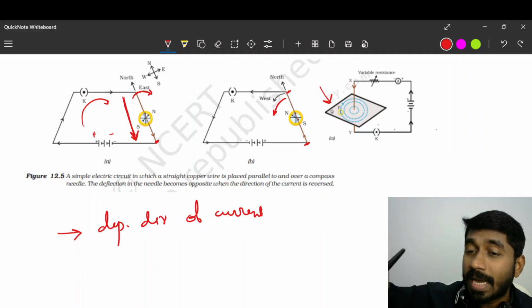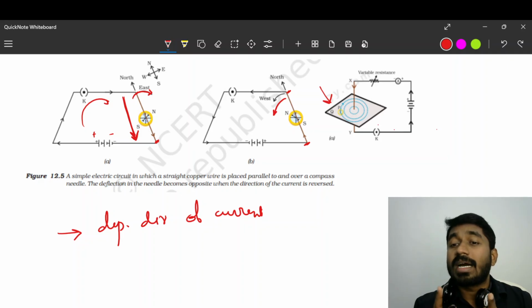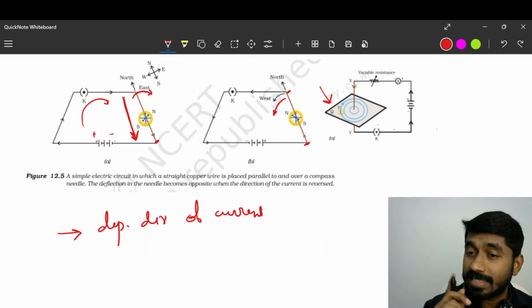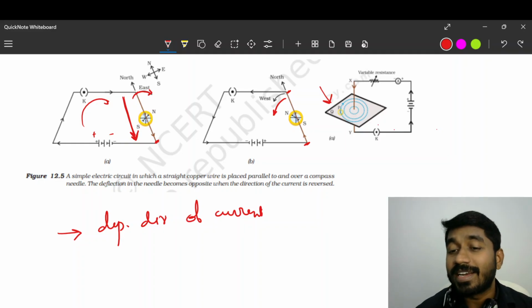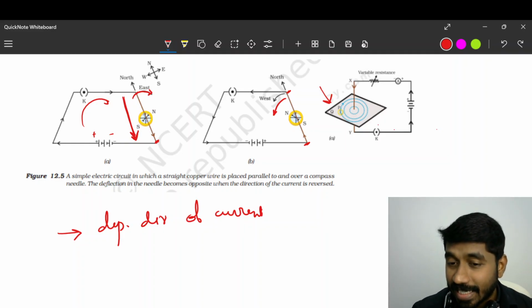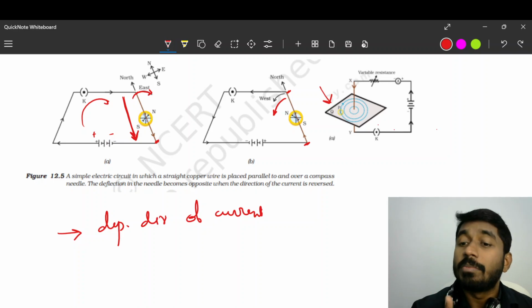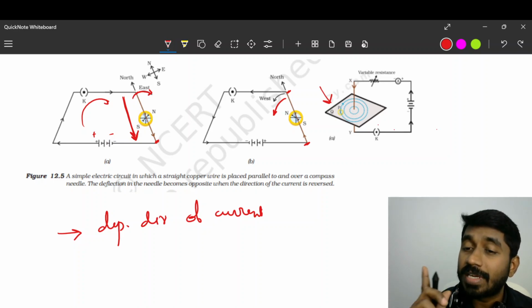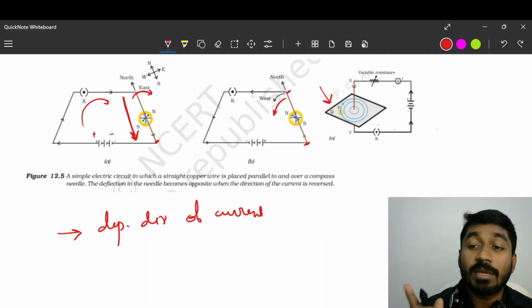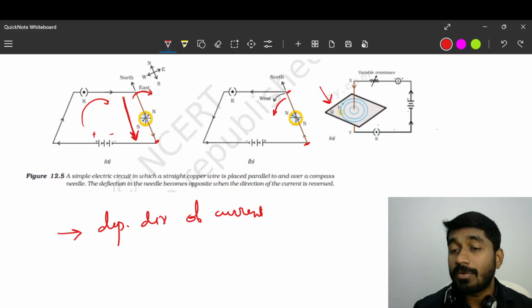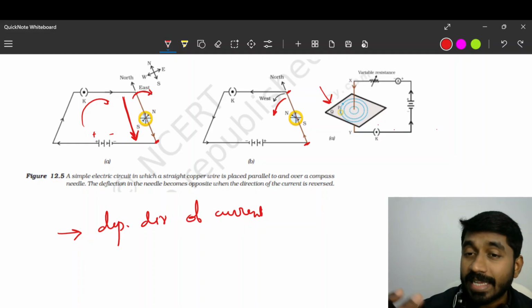So the magnetic field around a current carrying straight conductor is in the shape of concentric circles. Once again, the current carrying conductor produces a magnetic field around the conductor in the shape of concentric circles.